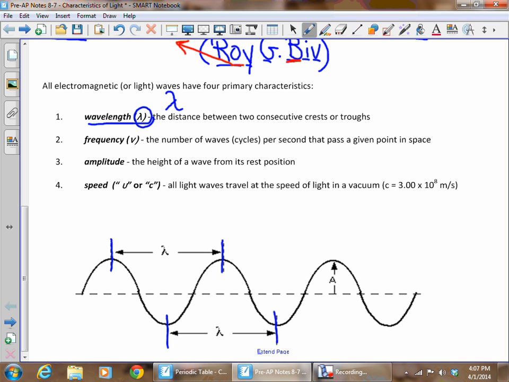And I would expect you to know that amplitude is the height of the wave from its rest position. We think of the rest position as this imaginary line that crosses through the wave. Amplitude is either the distance from the rest position to a crest or the rest position to a trough, the low point.